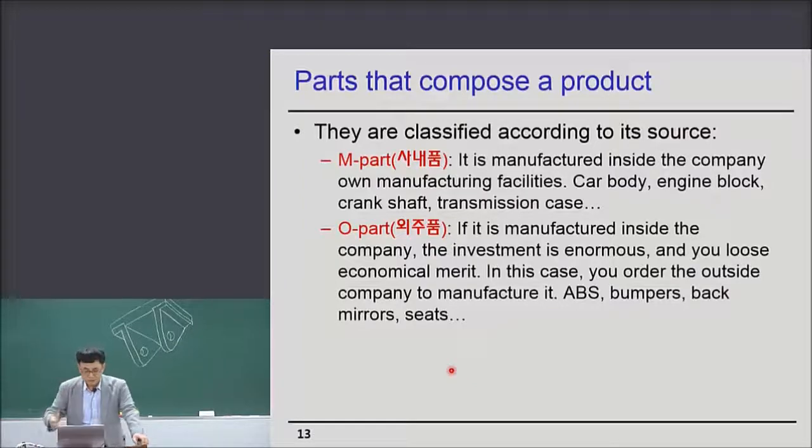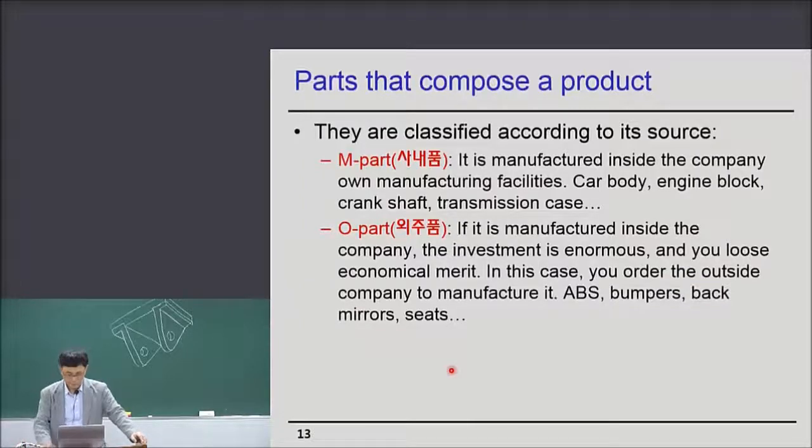So in this case, you order an outside company to manufacture them. For example, ABS, bumpers, back mirrors, and seats belong to O parts.